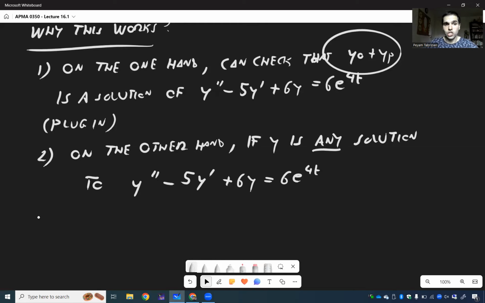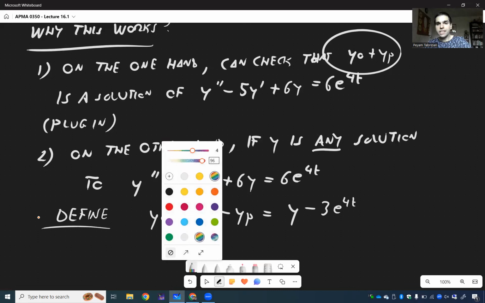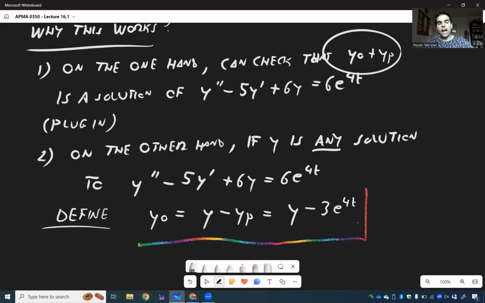Define a new function. So we'll call this y0 to be the difference between y and our particular solution, so y minus 3e to the 4t. Careful, I am not claiming yet that y0 is a homogeneous solution.